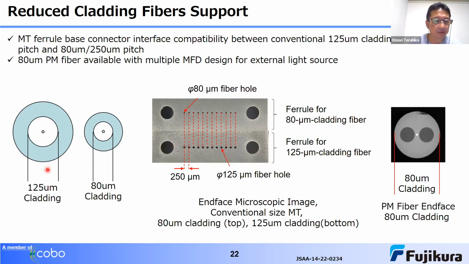For example, this is 125 micron cladding fiber and 80 micron cladding fiber. The upper figure shows 80 micron cladding fiber, and the lower figure shows 125 micron cladding fiber. And actually, the pitch is 250 micron, and these are intermateable with each other.